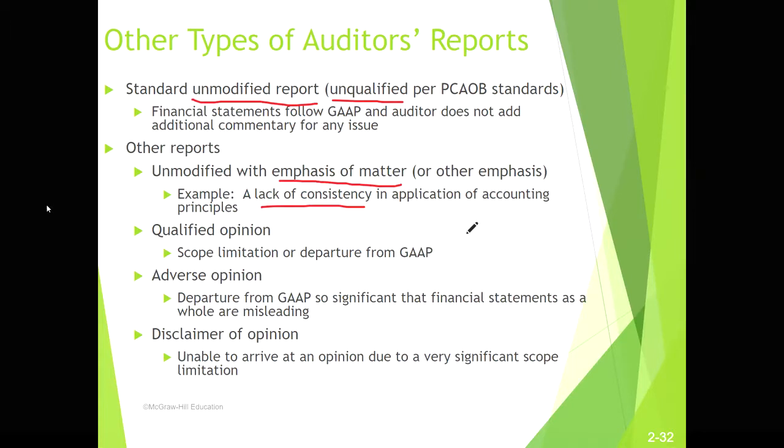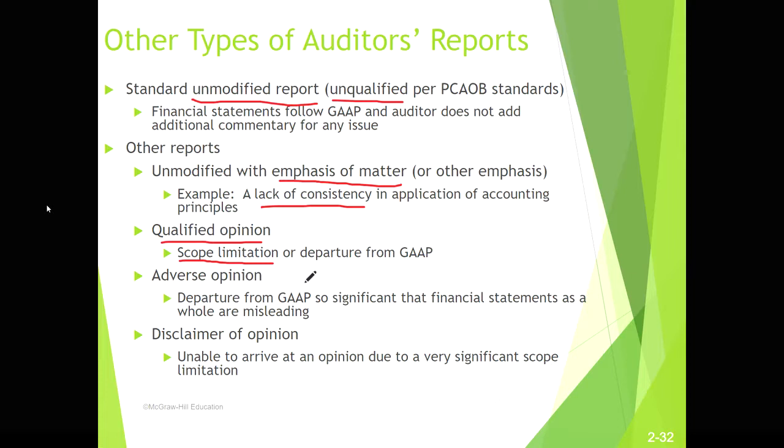So the users will have to consider how they need to use the information that's in the financial statements. So that's one thing we can do. Another thing is actually qualifying the opinion, and we're going to do that for a couple of different reasons. It could be because our audit has been limited.